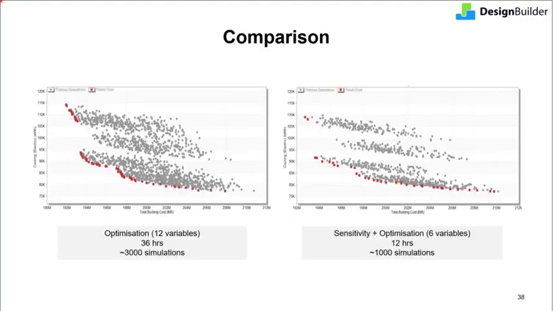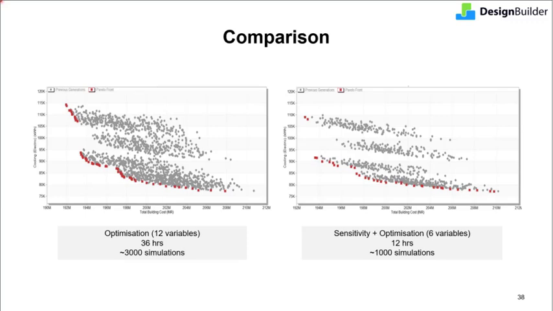And if we compare the two approaches, then we end up at the same answer. Optimization results with 12 design variables, which you can see on the left, took longer computation time, whereas the sensitivity plus optimization approach took less time because 6 of the variables which were there in the previous run were screened out using sensitivity.